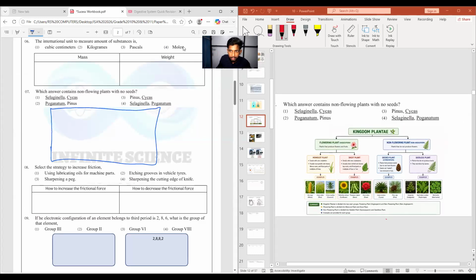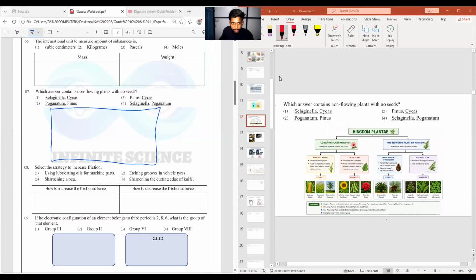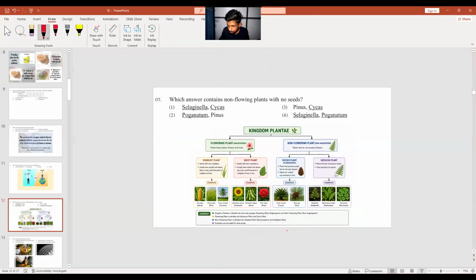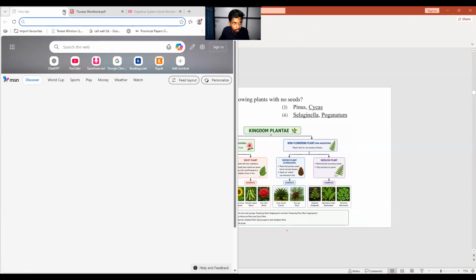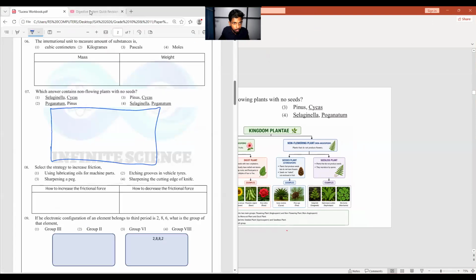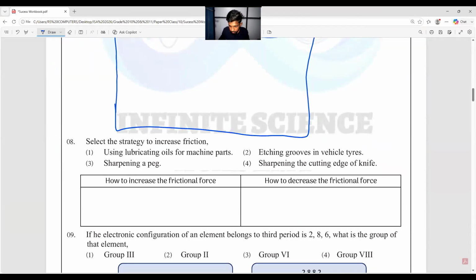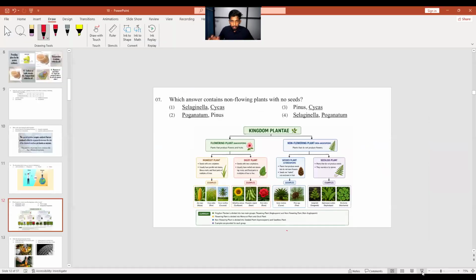Here, you want to write this picture in that gap. Don't take more time, my dear. Okay, Sharaf. Make it quick.